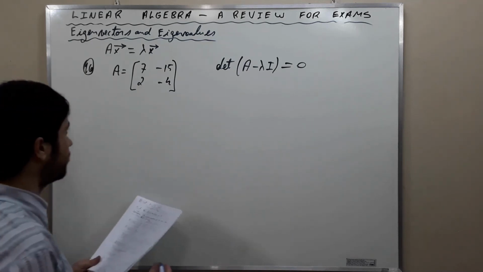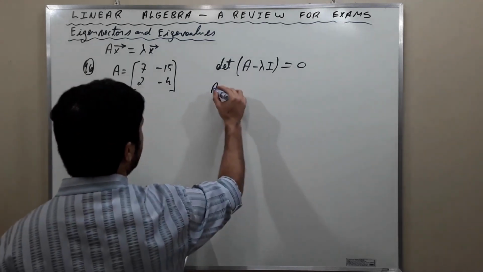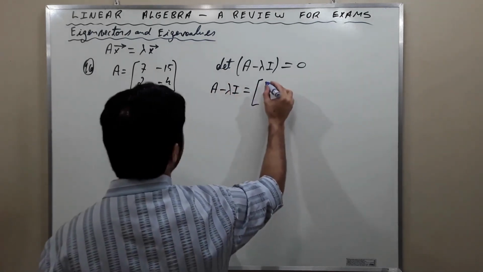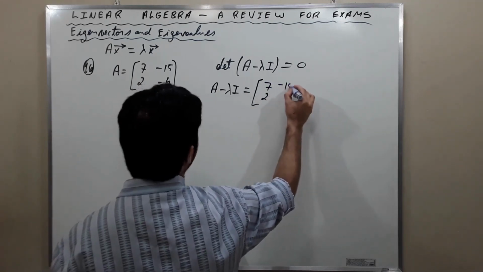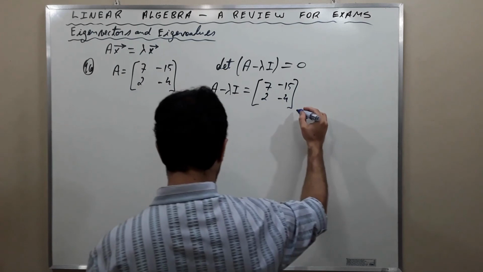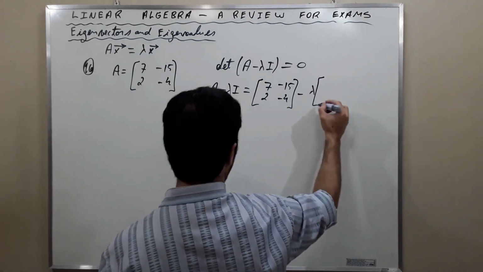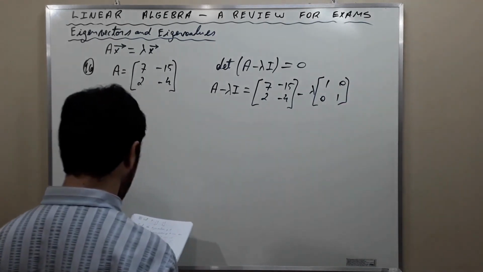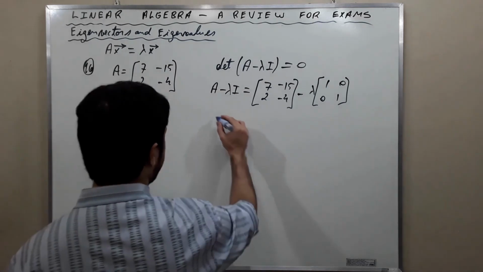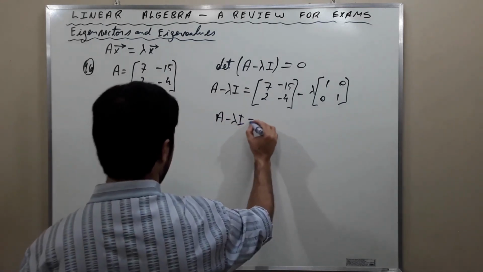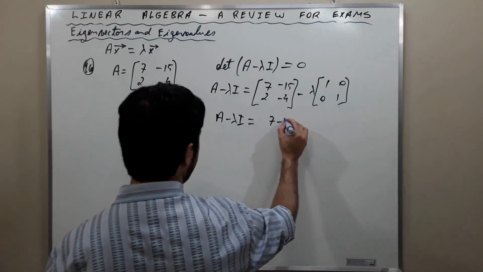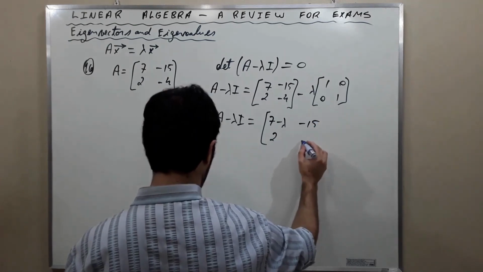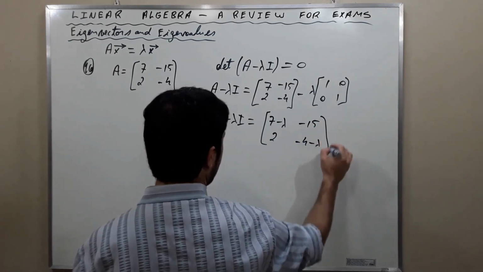First of all, let's calculate A minus lambda I, which is the matrix 7, 2, negative 15, negative 4, minus lambda multiplying the identity matrix. We discover this matrix: A minus lambda I equal to 7 minus lambda, 2, negative 15, negative 4 minus lambda.